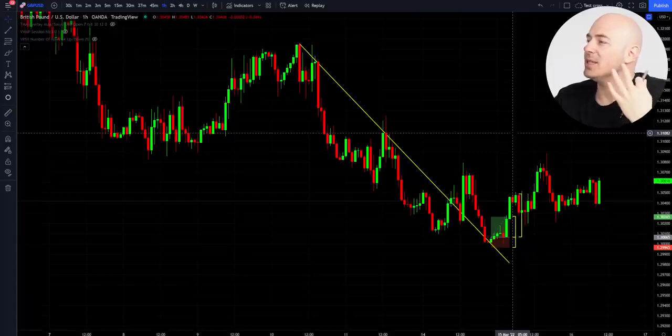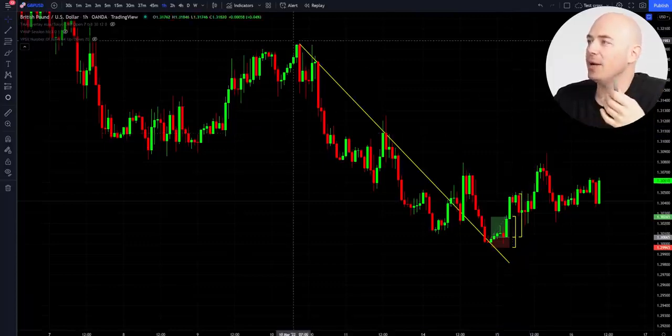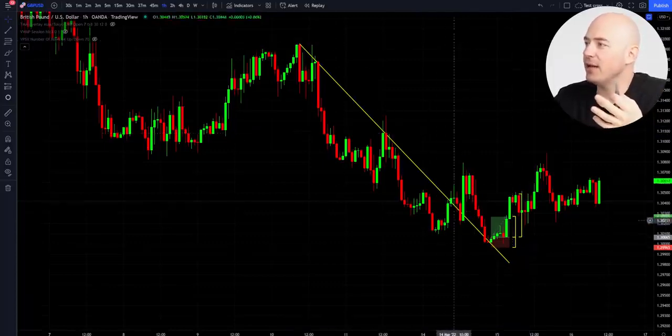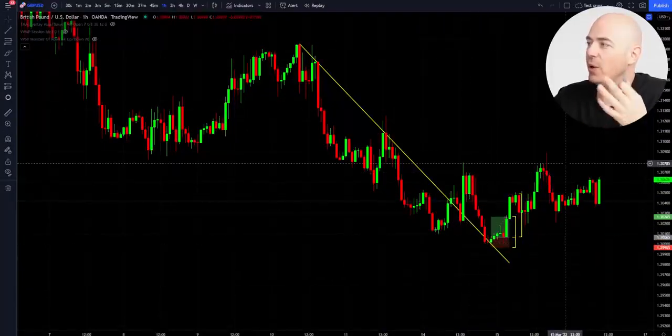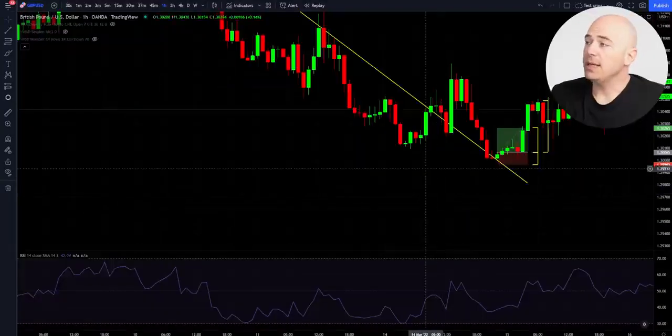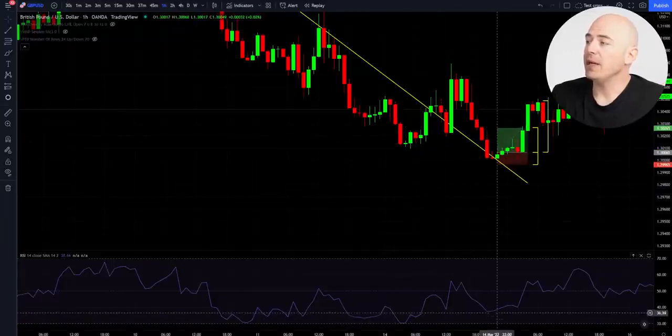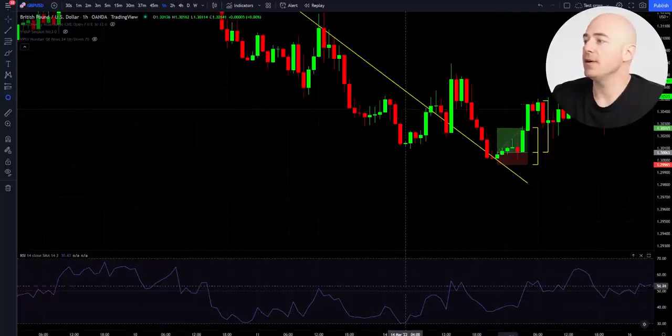This is GBP USD on a 1 hour time frame. You can see a nice clear downtrend with a break of that trend line, a retest of that trend line, and a direction up, a rejection up, it went up. You could also see at that point we were making lower lows, but on the RSI we were making higher lows, showing us a clear and concise divergence right here.